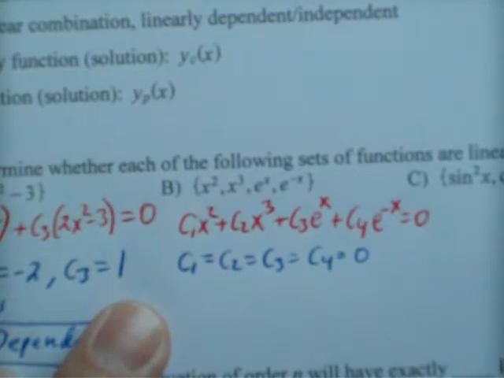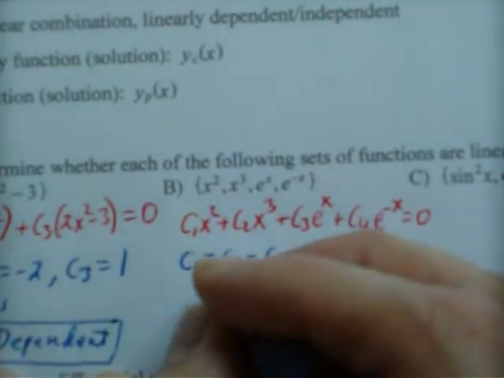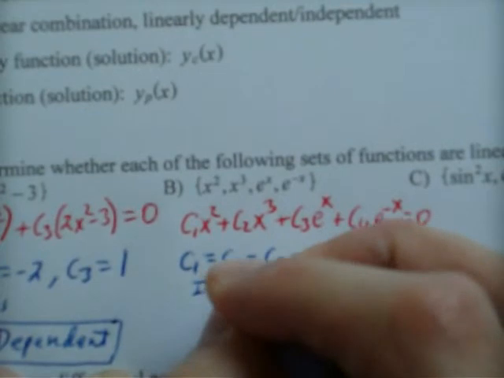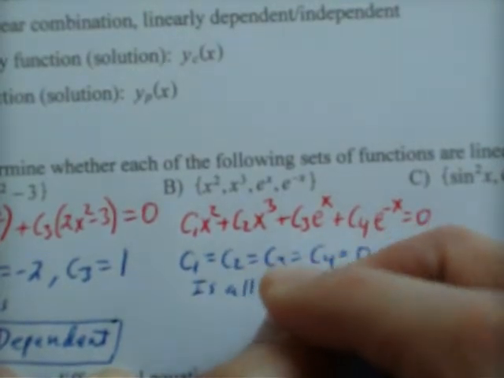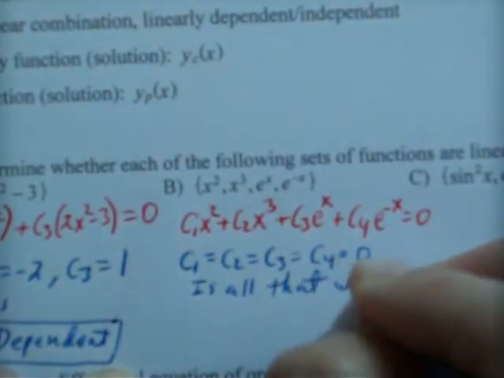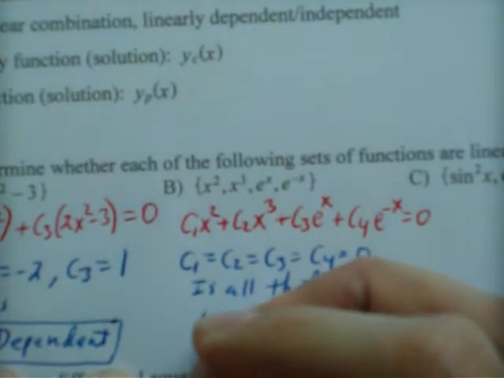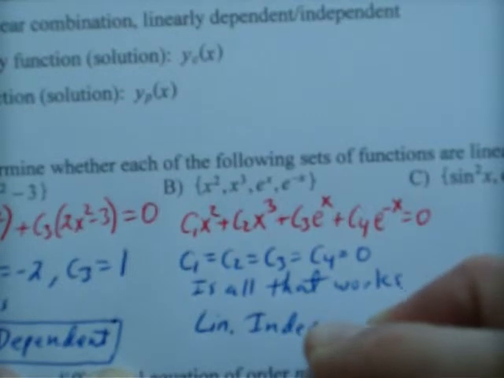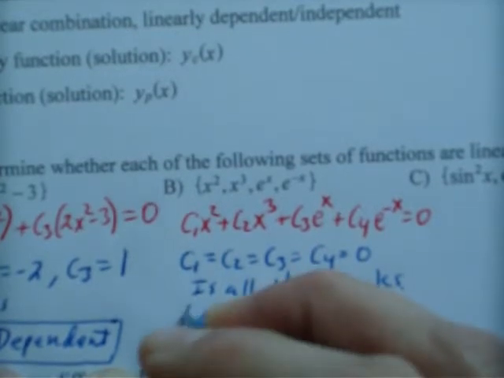There's no other constants, c1, c2, c3, or c4, that would set that entire equation equal to 0. This is all that works. Therefore they are linearly independent of each other.